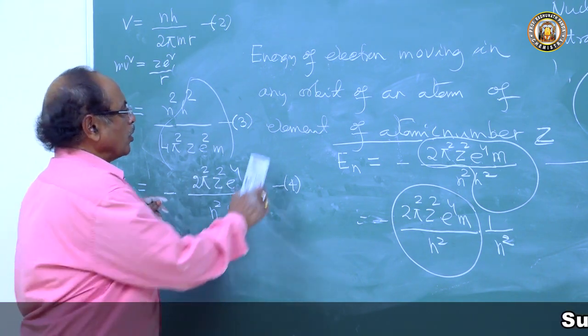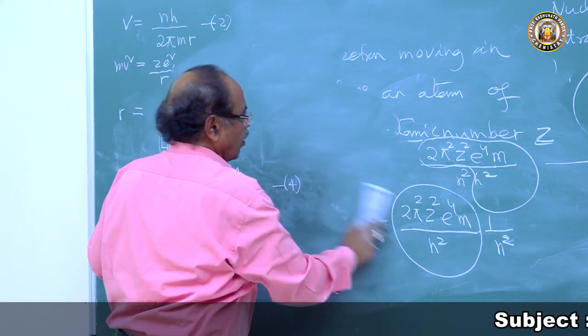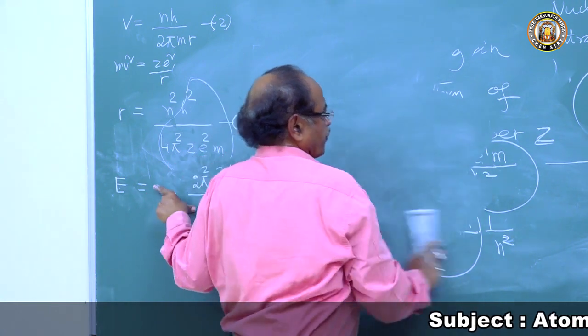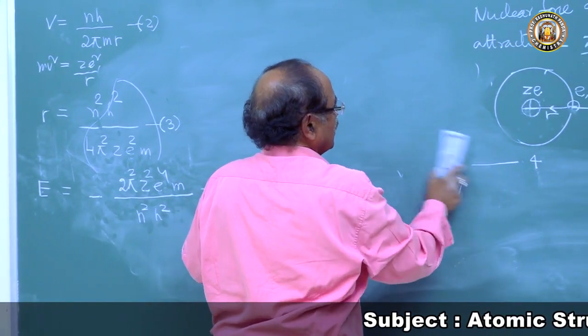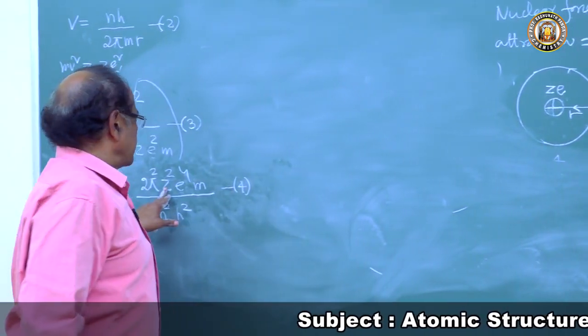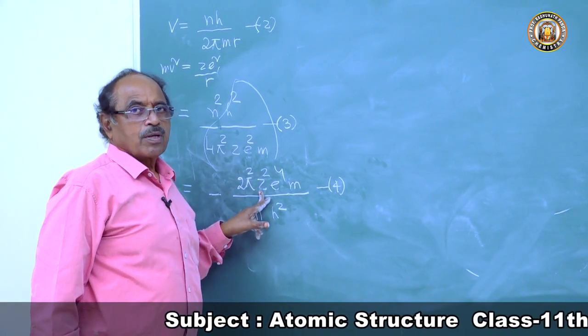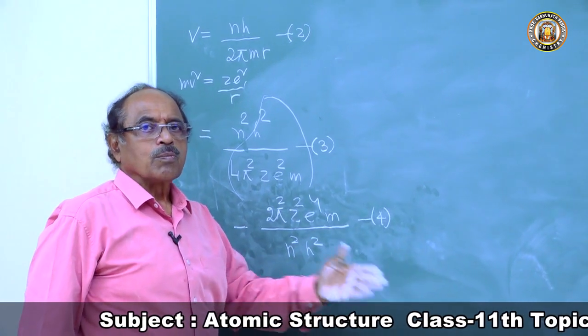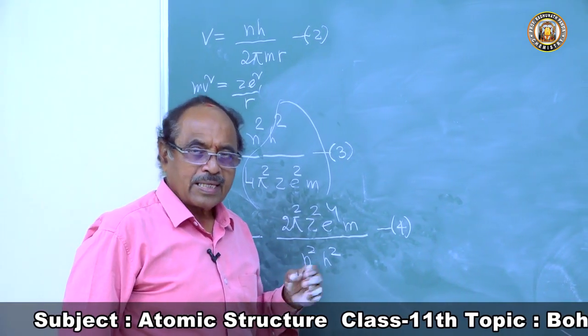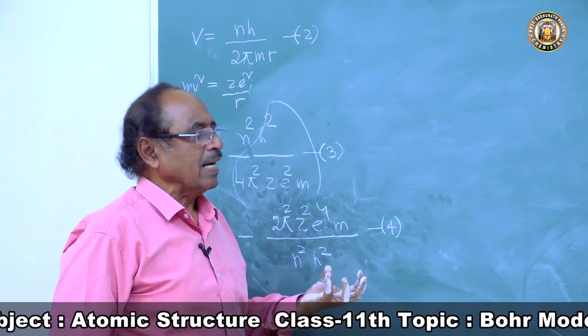Now if you substitute the values, what is the value of Z? Bohr calculated for the hydrogen atom. All the calculations Bohr made were for the hydrogen atom, because the simplest atom is hydrogen.